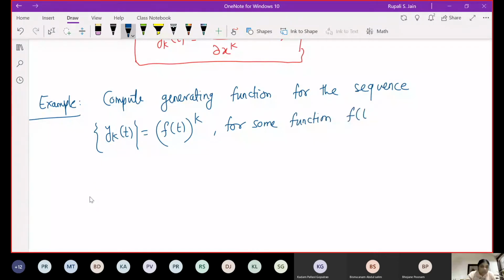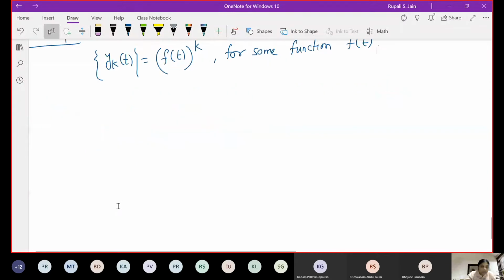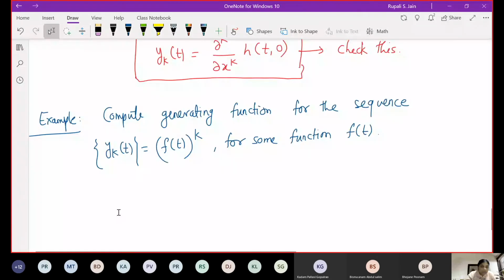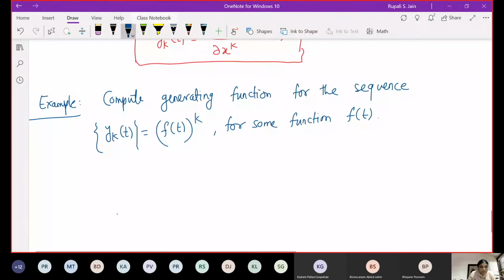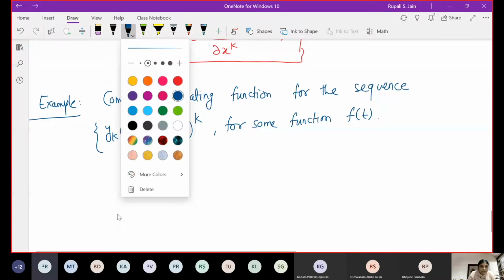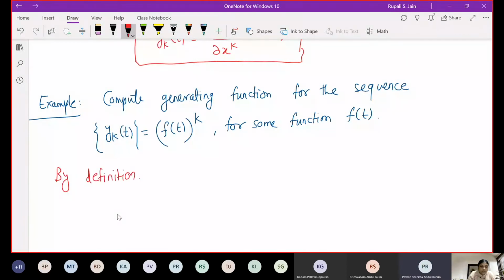So what is the generating function by definition? By definition, what is g(t, x)? It is the summation k equals 0 to infinity of y_k(t) x raised to k, x raised to k, not x raised to t.